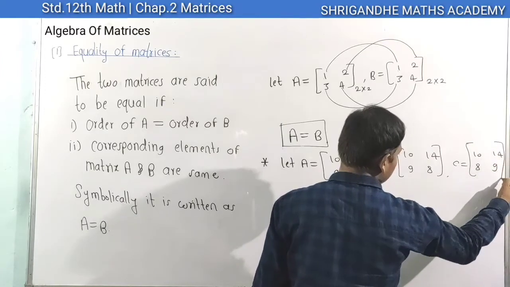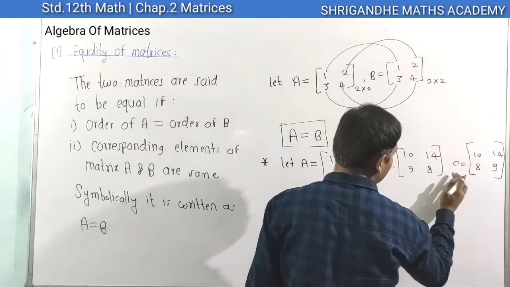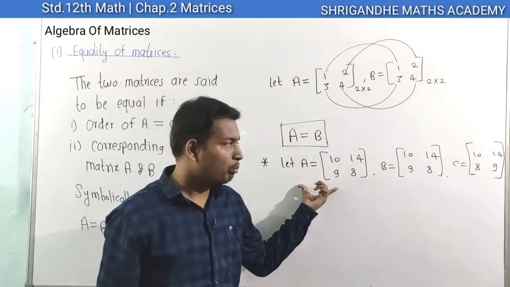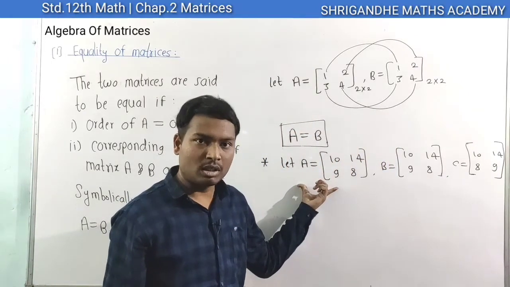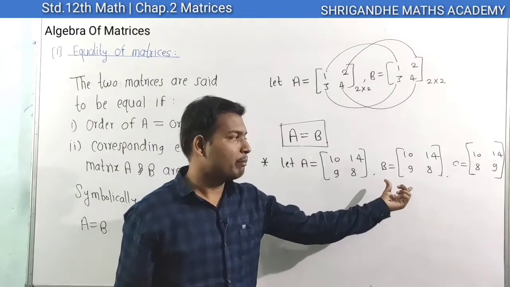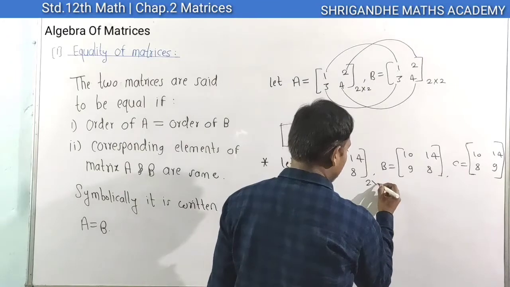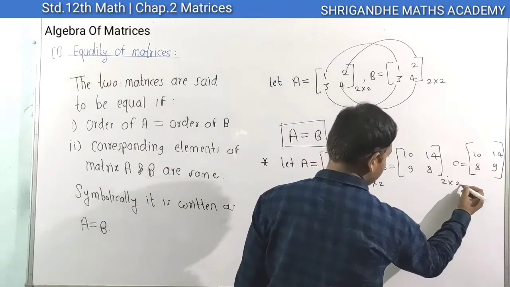Now observe these three matrices A, B, C. Each has 2 rows and 2 columns. Therefore the order of matrices A, B, and C is 2 by 2.